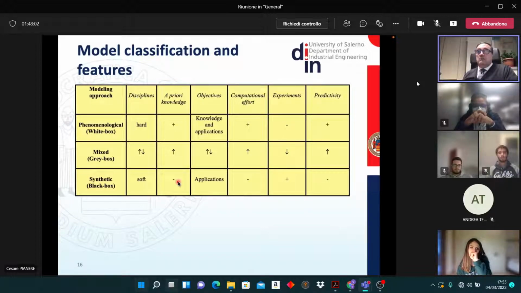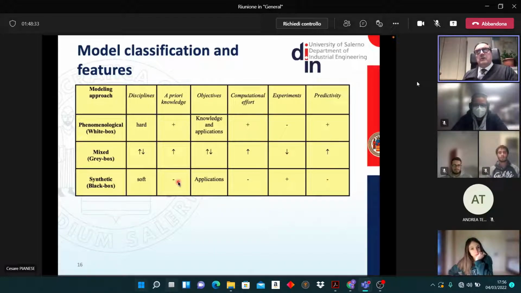Objectives: phenomenological models can be used for applications like the one we showed before in terms of the design of the engine, but also to understand the system, so for knowledge purposes, whereas synthetic black box models can be used for straight applications like the control, for example, for management.